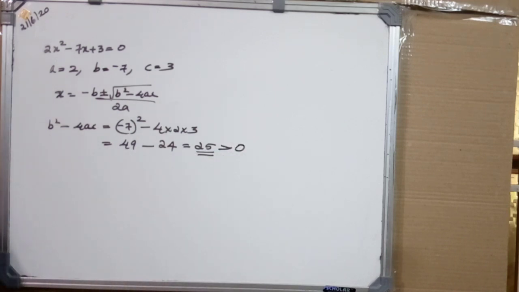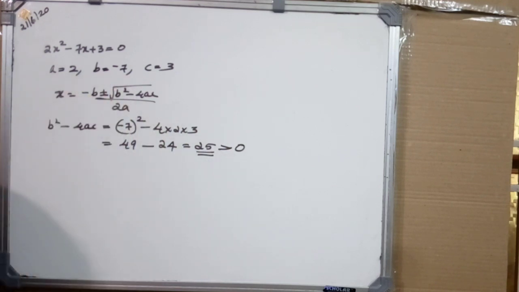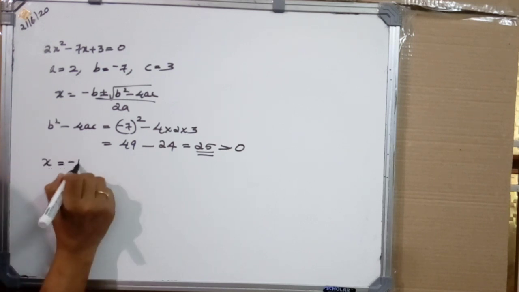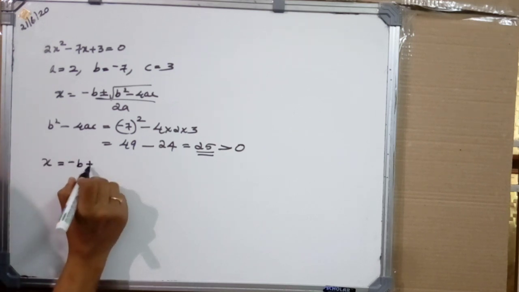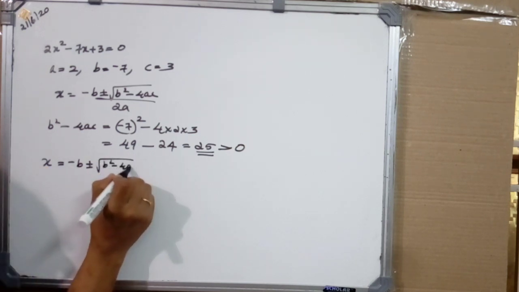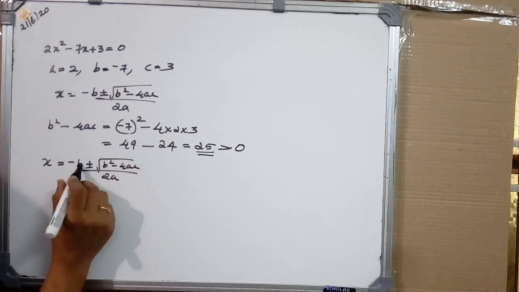So what do you see? If b square minus 4ac is greater than 0, the equation has two distinct roots, that is x is equal to minus b plus or minus root b square minus 4ac by 2a. Apply the values now.